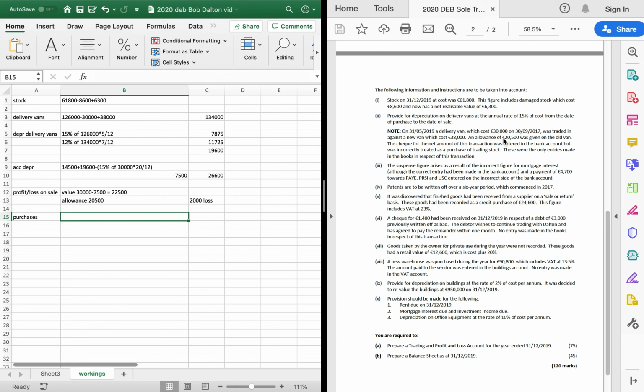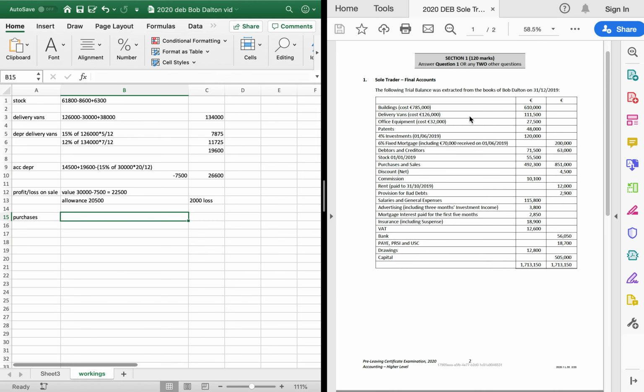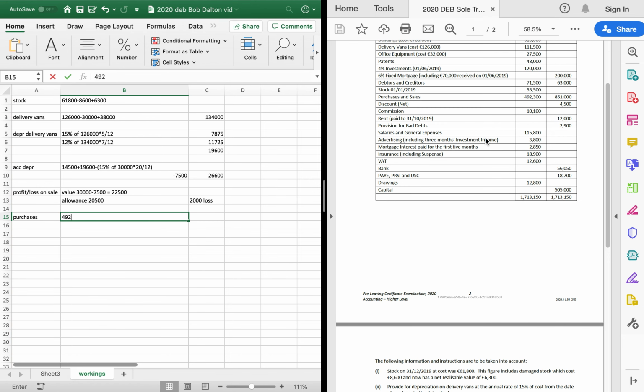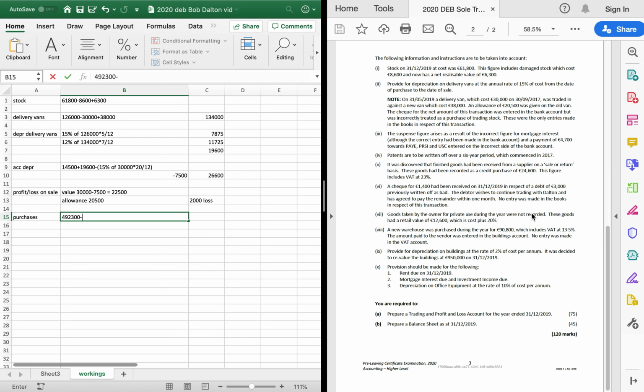So it's 492,300 minus the new van 38 minus 20.5, so minus 17,500. That's just 38 minus 20.5, 17,500 gets taken away. Okay, so that's that working.